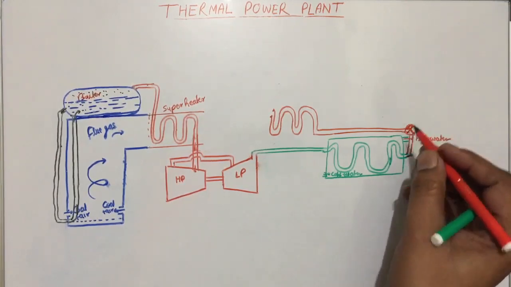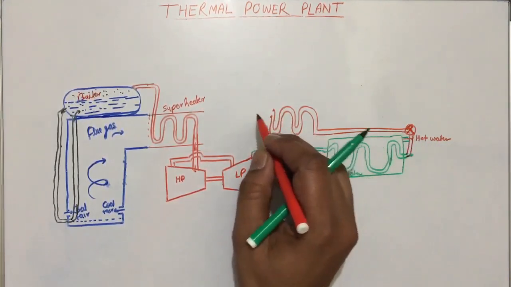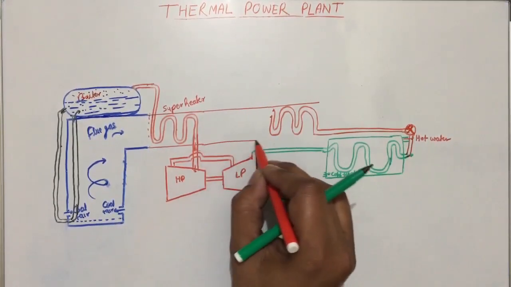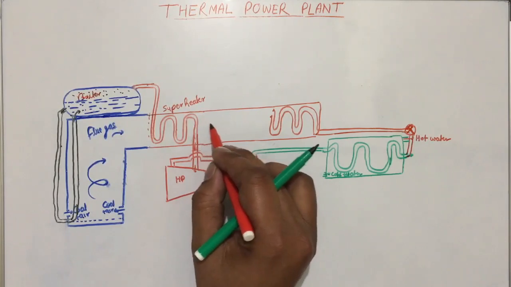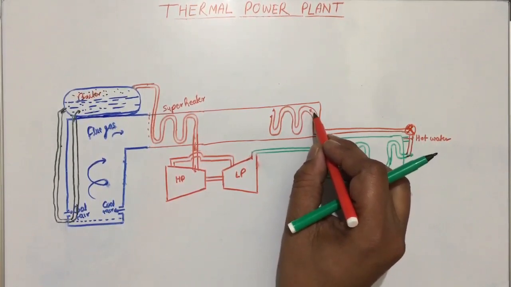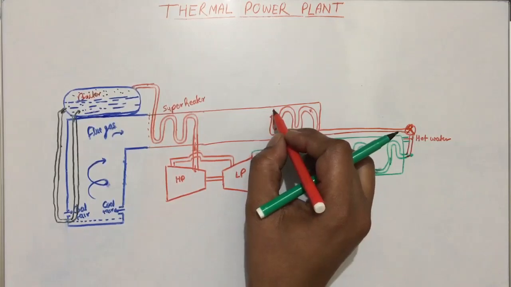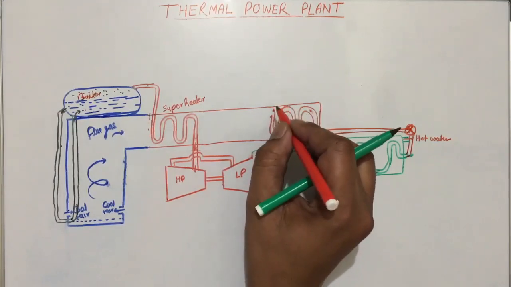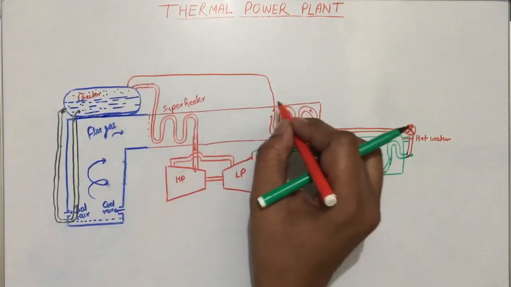A pump can be placed, and with the help of this pump the condensed water can be forced, and that can be arranged in this way, so that the gas that is coming from here still has some heat, and that heat further increases the temperature of the condensed water, and it can be fed back to the system from here, like this.